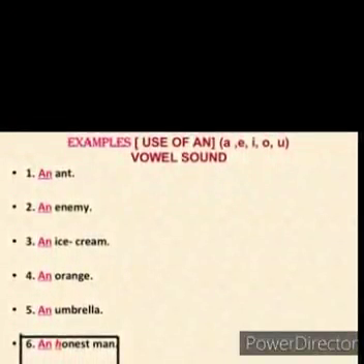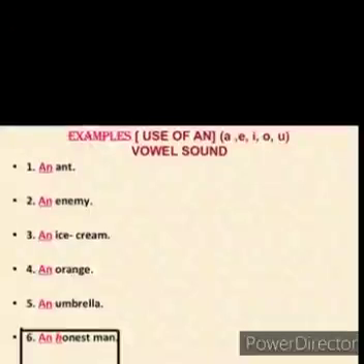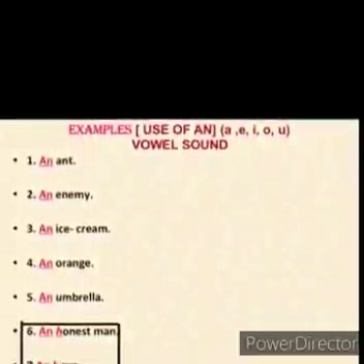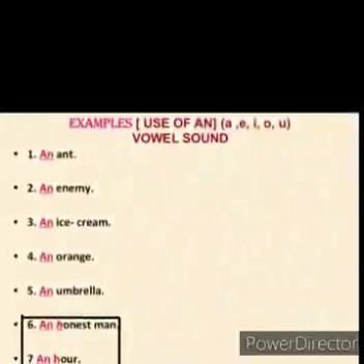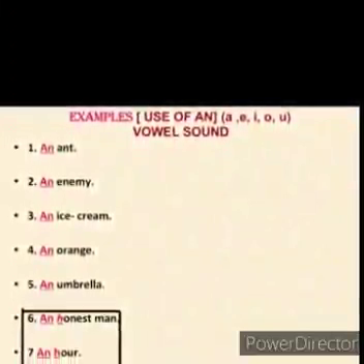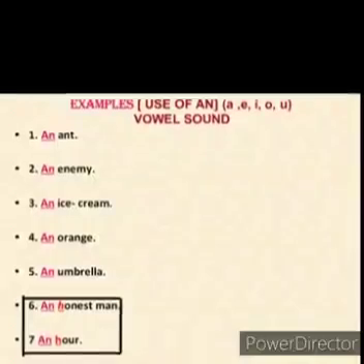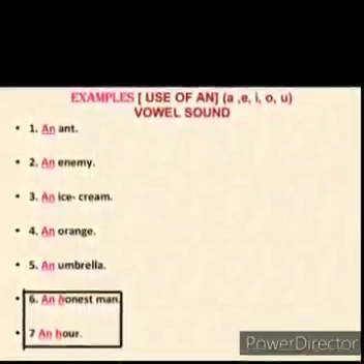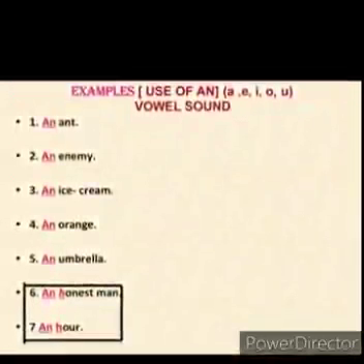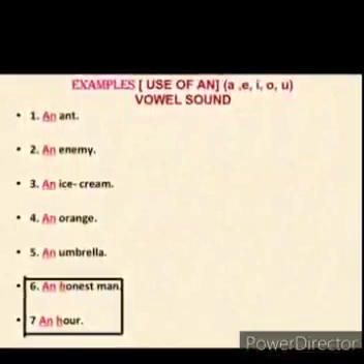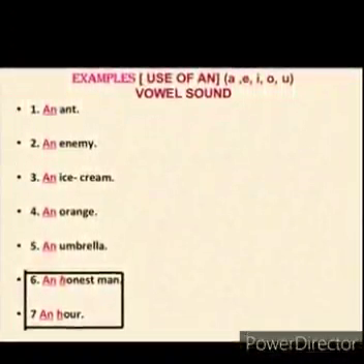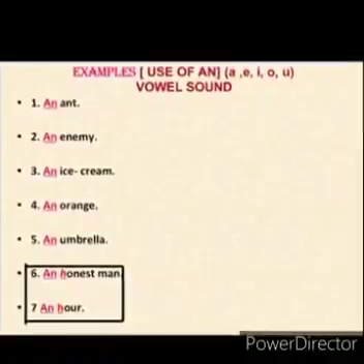Now notice the words hour and honest. So in both these words, H is silent. So hour and honest start with a vowel sound. That is why we have used article an.